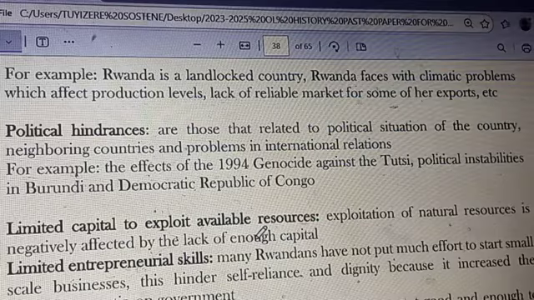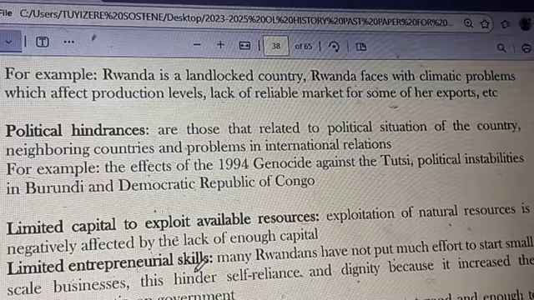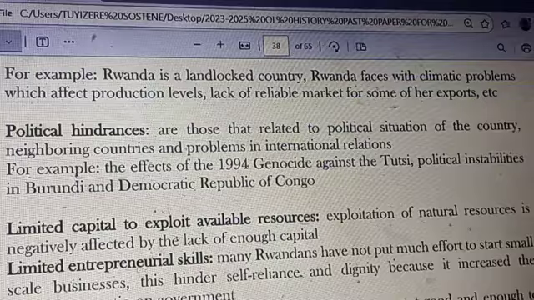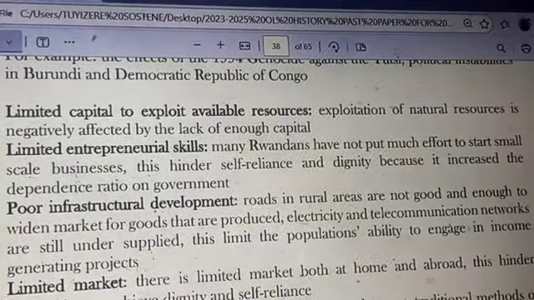Exploitation of natural resources is negatively affected by lack of enough capital. The next, limited entrepreneurial skills. Many Rwandans have not put much effort to start small scale business. Next is the poor infrastructure development, for example, roads in rural areas.